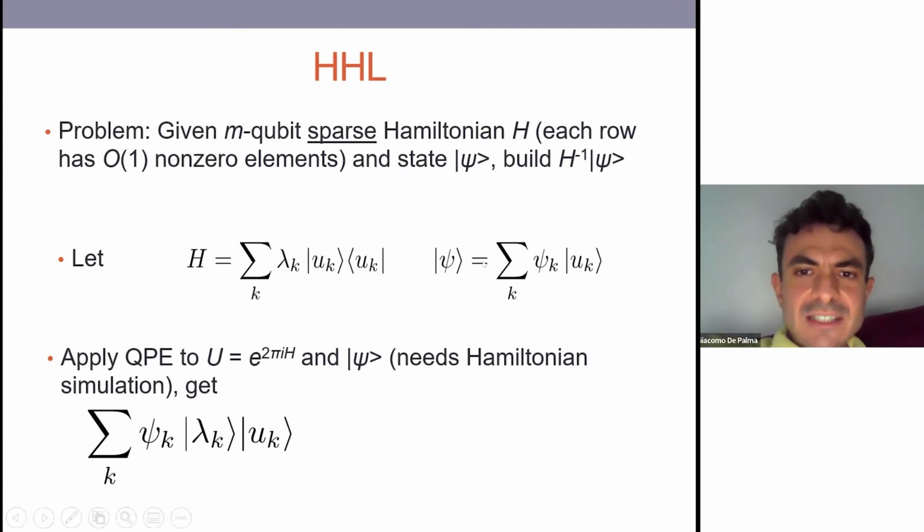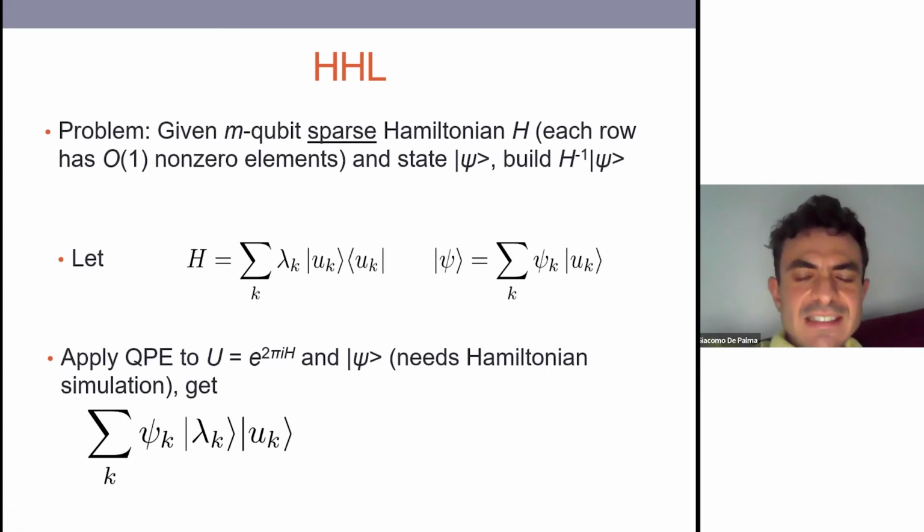And then, of course, at least formally, even if we don't know the eigenvalues and the eigenvectors, our state psi can be expanded in the eigenbasis of H. So this psi_k will be coefficients, and u_k are still the eigenvectors of H. Then the idea is that we can apply quantum phase estimation, with the unitary obtained by applying time evolution with this Hamiltonian for a unit time, to the state psi that we have.